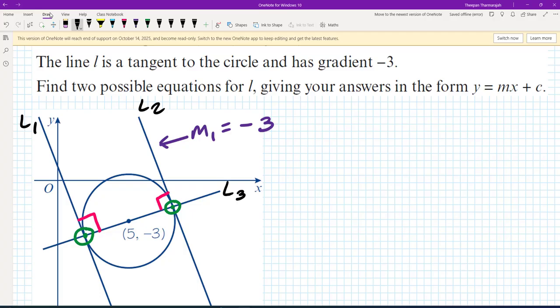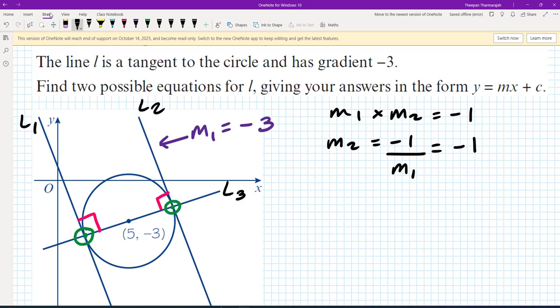We know from GCSE that M1 times M2 is equal to −1. Therefore M2 is −1 over M1. In our case, it's −1 over −3, which is equal to a third.